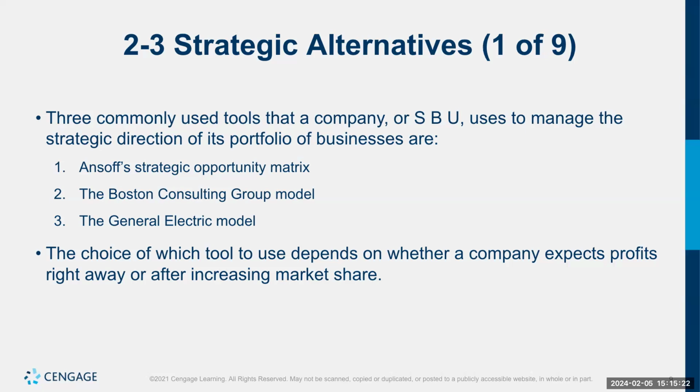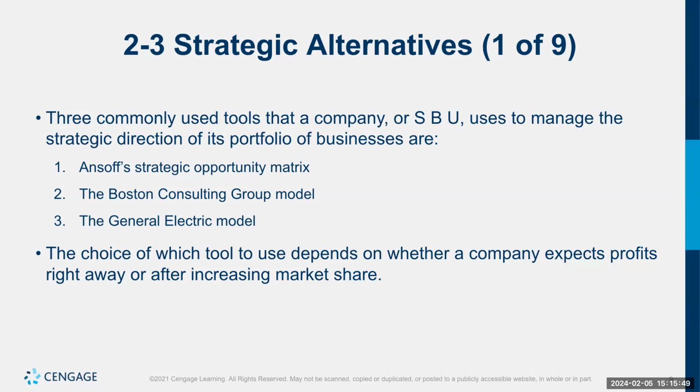And then you have the dogs. These are the low market share businesses in low growth markets with limited potential. These typically do not generate a significant return and may be candidates for failure. So those are, we don't always love them. And then you have the General Electric model.